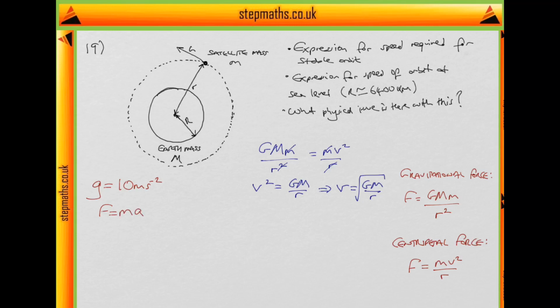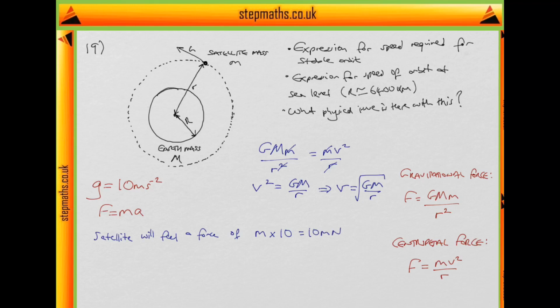If the object is orbiting at sea level, our satellite will feel a force of F equals ma, where the mass is little m and the acceleration is 10, which equals 10 little m newtons.